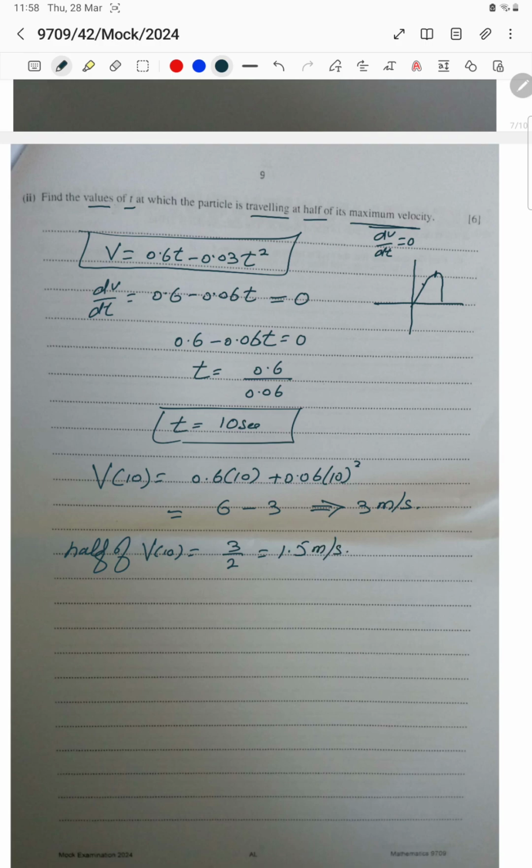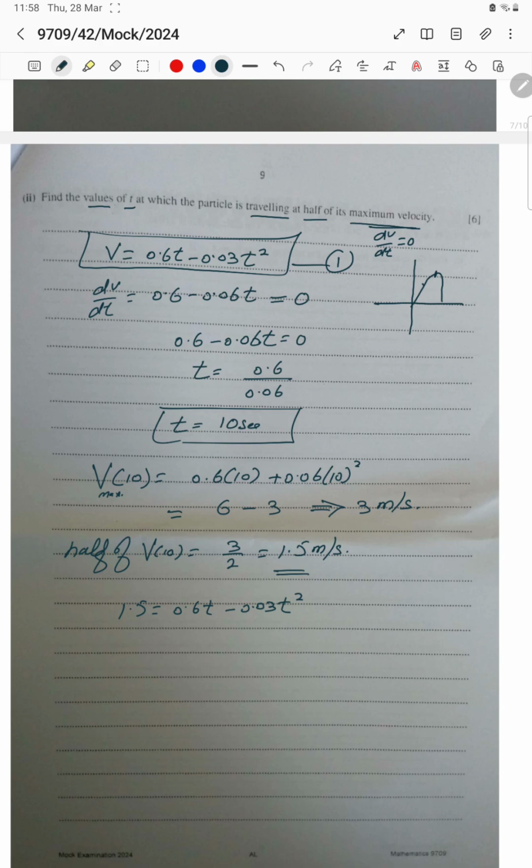Now we have to find the time when the speed is half of the maximum velocity. So this was the maximum velocity at 10. So in the velocity equation, replace v with 1.5 and 0.6 t minus 0.03 t square.